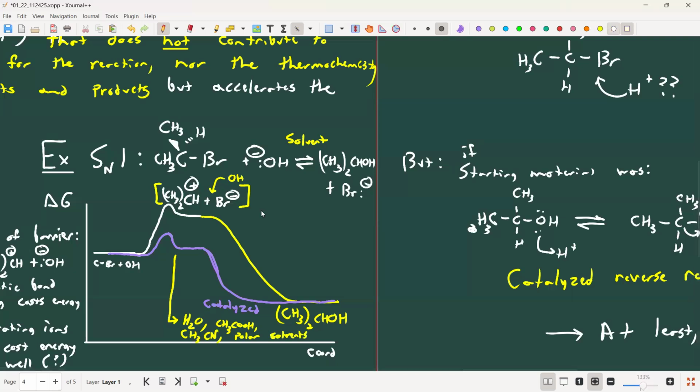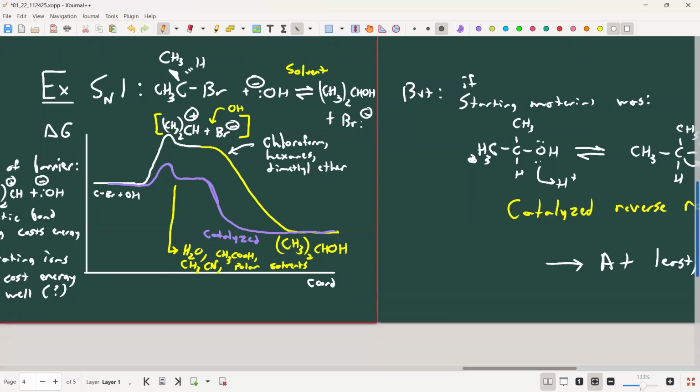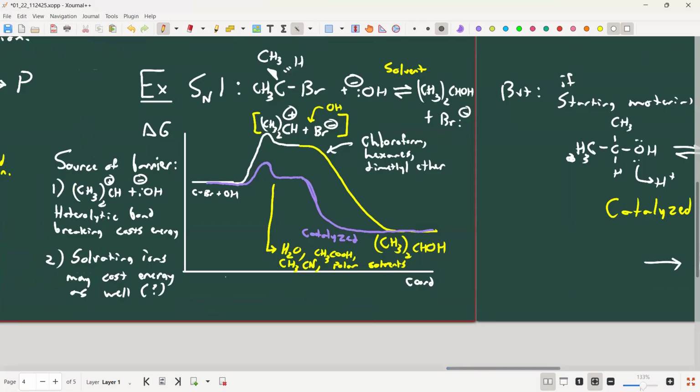Meanwhile, if I run this in chloroform or hexanes or dimethyl ether, these are non-polar, non-protic solvents. The reaction is going to be higher in energy. So here, the solvent is participating in the intermediate. The solvent provides the stabilization to the ions. So in an SN1 reaction, the solvent acts as a catalyst.